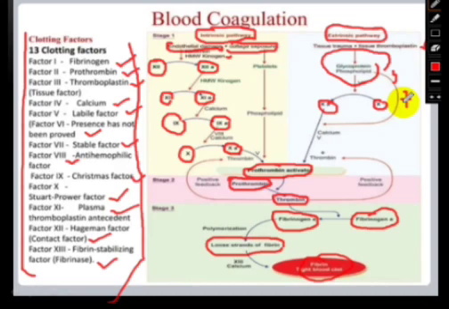And the active factor 7 is the factor that will now convert inactive factor 10 to active factor 10. The active factor 10 comes down here and stimulates prothrombin activator.